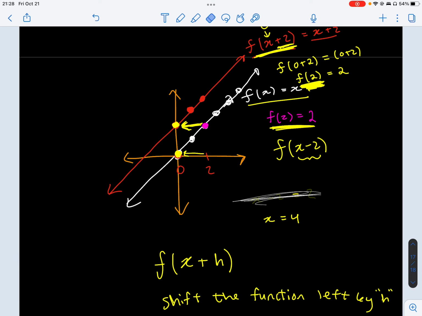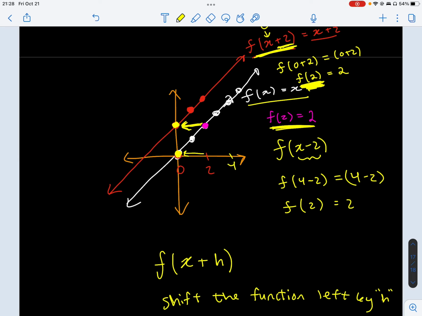And if I were to plug that in, f of 4 minus 2 equals 4 minus 2. When I plug it in, I get f of 2 equals 2. So for this function, if I make it minus 2 instead, when I plug in 4, it'll act like the original function.